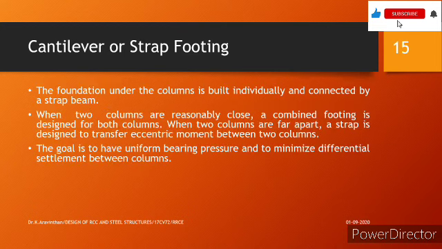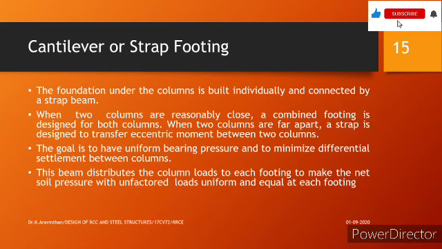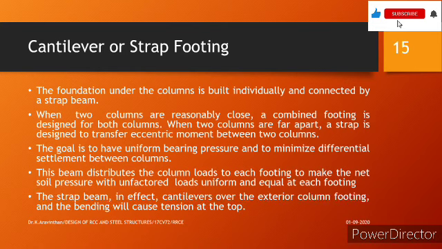Here the strap beam is essential to have the uniform bearing pressure and to minimize the differential settlement, which I have indicated earlier. The strap beam in effect cantilevers over the exterior column footing and bending will cause the tension at the top.